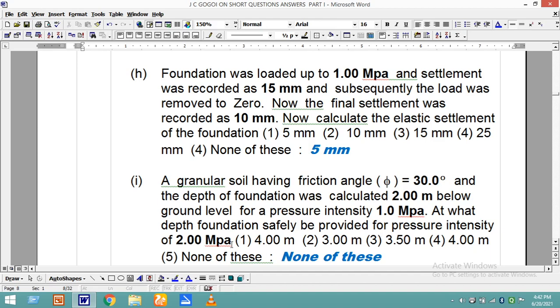No, for 2 MPa, the answer is 4 meter, 3 meter, 3.5 meter, 4 meter, none of this. The answer is none of this, because we have to make some calculation to calculate the pressure intensity and depth of foundation. Using all these parameters, it will be time consuming. For 1 mark, the answer is none of this.